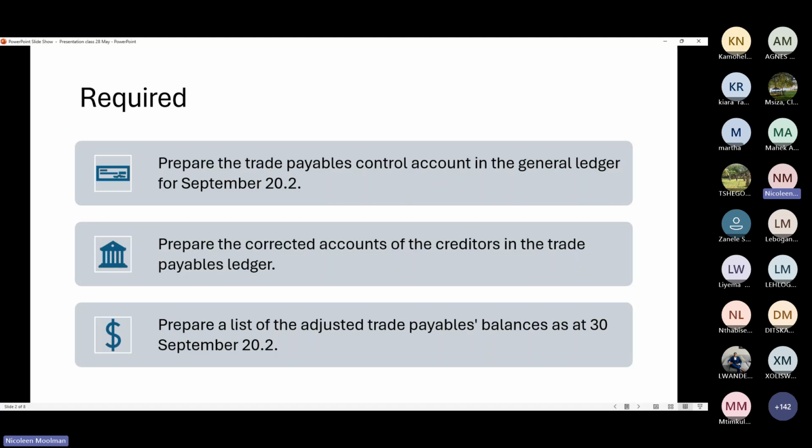The first was prepare the trade payables control account in the general ledger for September 22. The second required was prepare the corrected accounts of the creditors in the trade payables ledger. And the last required was prepare a list of the adjusted trade payables balances as at 30 September 22.